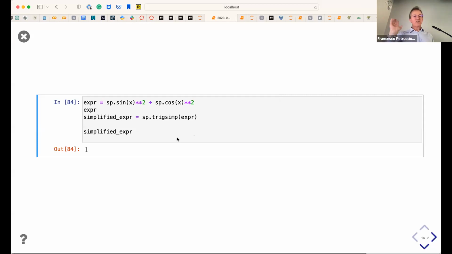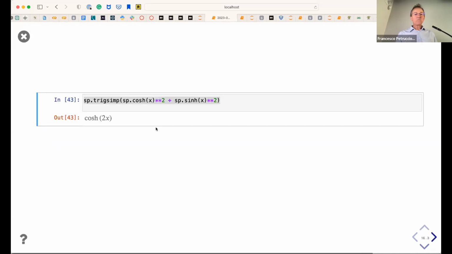So all trigonometric expressions are here. We can try an even more complicated one. Everybody knows that sine squared plus cos squared is 1, but how does it work for the hyperbolic functions? Is sinh squared plus cosh squared 1 or not? Of course it's not.